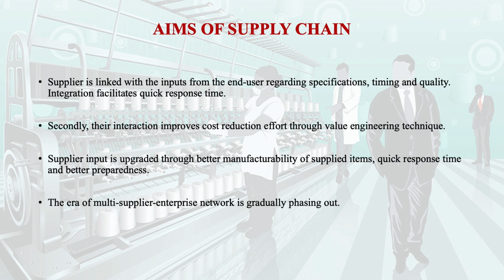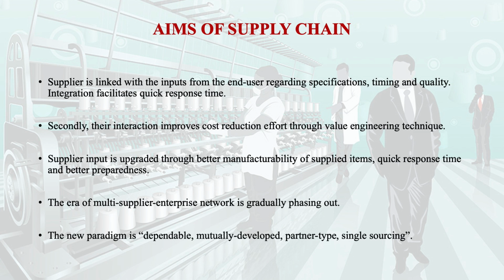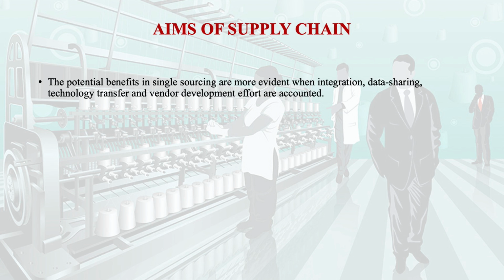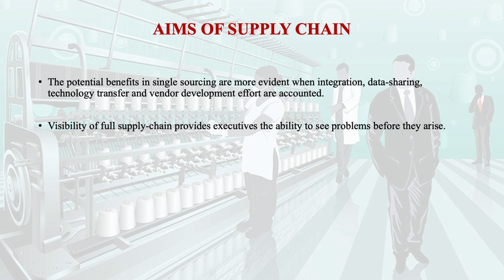The era of multi-supplier enterprise networks is gradually phasing out. The new paradigm is dependable, mutually developed single sourcing or strategic partnership. The potential benefits in single sourcing are more evident when the integration, data sharing, technology transfer, and vendor development efforts are accounted for.